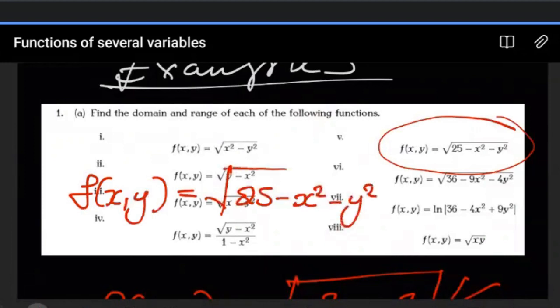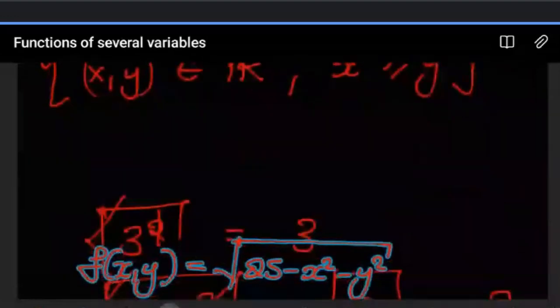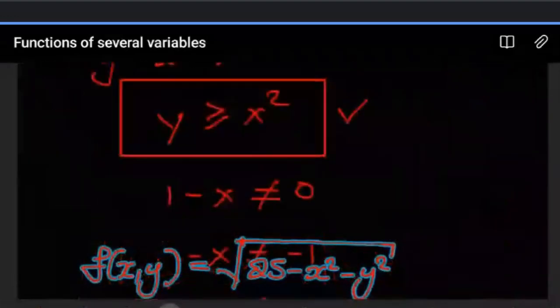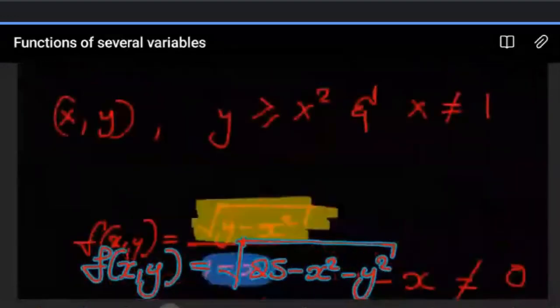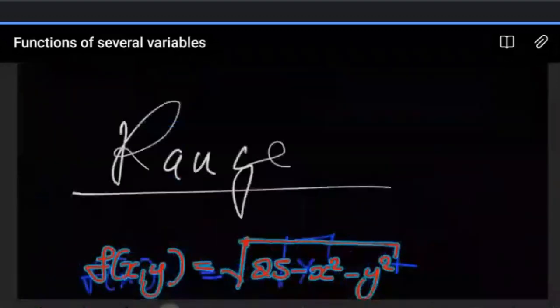So we saw how you get the range when a square root is involved. And for starters, you know that a square root can never give you a negative solution. So we expect that the range is going to have only positive solutions.